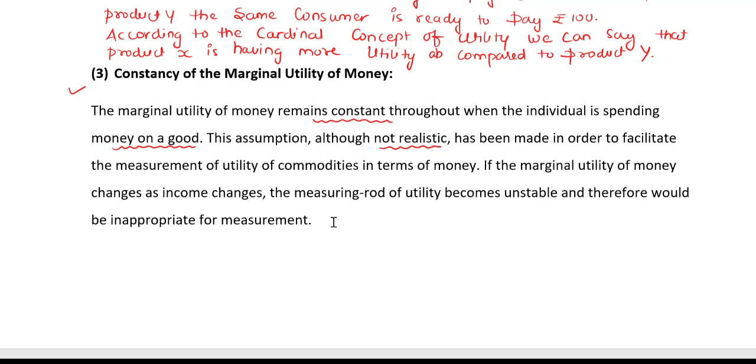It has been made in order to facilitate the measurement of utility of a commodity in terms of money. If the marginal utility of money changes as income changes, the measuring rod of utility becomes unstable and therefore would be inappropriate for the measurement.